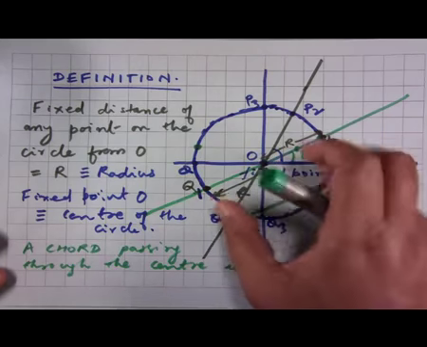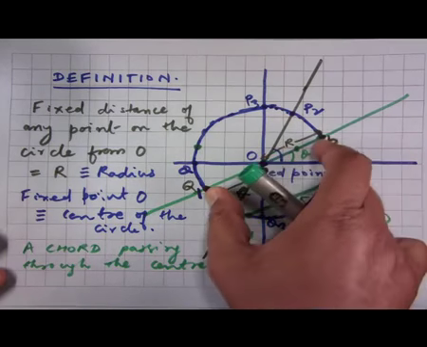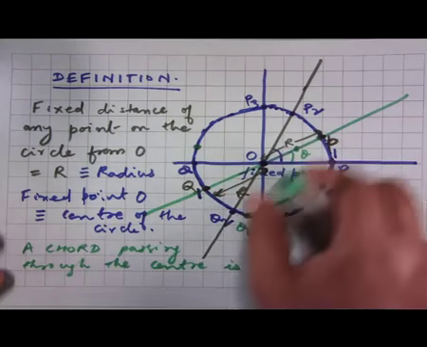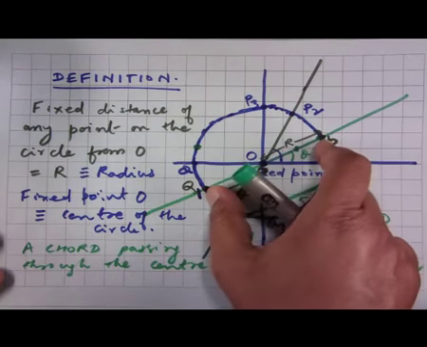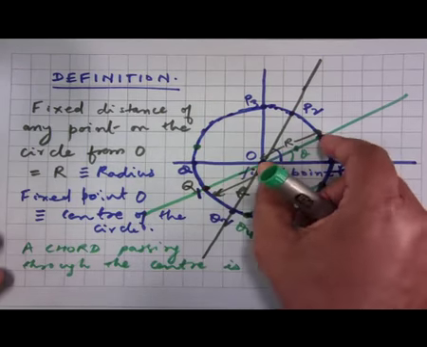Now, what is the length of this diameter, this line segment? If you see any diameter, then it is composed of 2 radius.